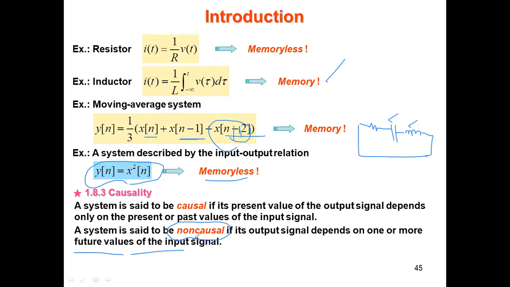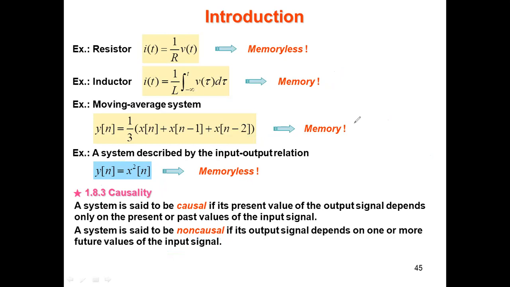We always want to score good, but can you predict? No, it's nonsense. Such things happen in notebooks and textbooks, right? But in the real world, such a thing never occurs. That is why those systems where the output depends on one or more future values are called non-causal systems.